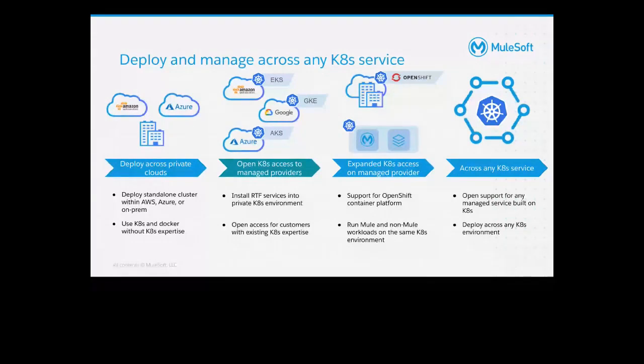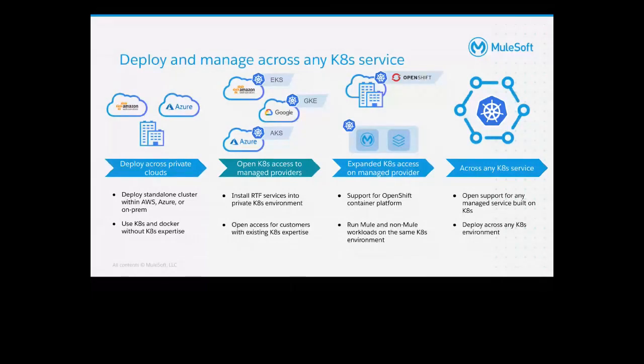The second step is the first versions on EKS and AKS. Those are available now. GKE will be available in the near future. Basically opening up managed Kubernetes environments, not using Gravitational, to install Runtime Fabric and to run Mule runtimes on.